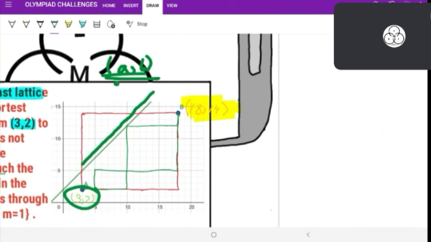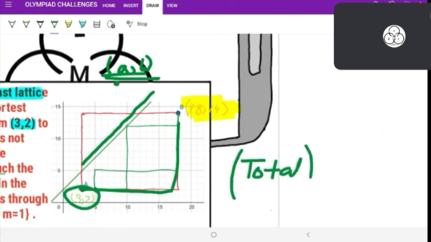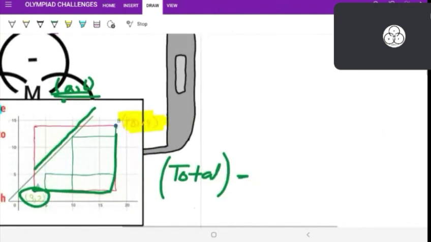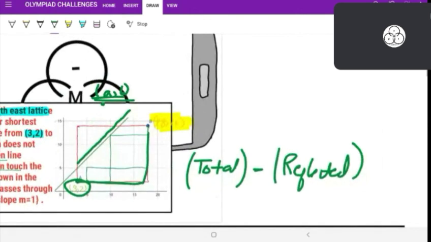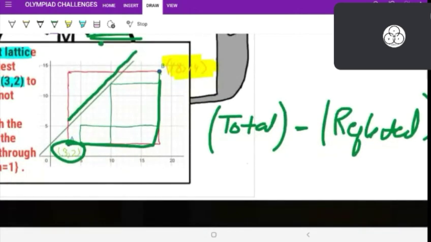And the total number of paths from 3, 2 to 18, 14, minus, I would say, the reflected paths. You'd get the number of lines which don't cross. That's the basic fundamental of this question.